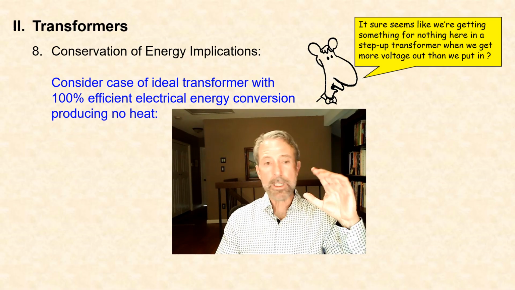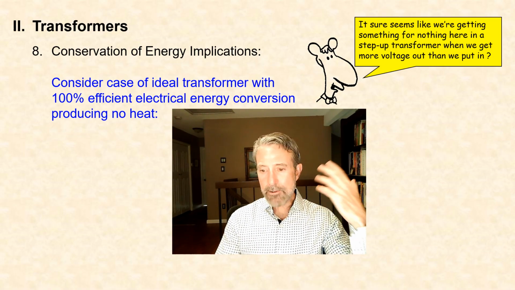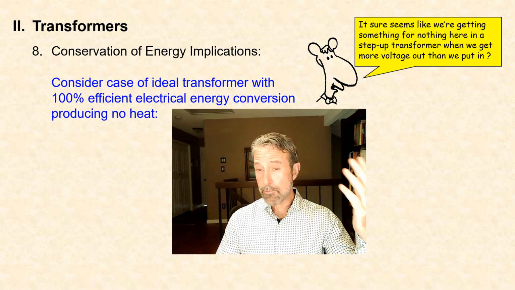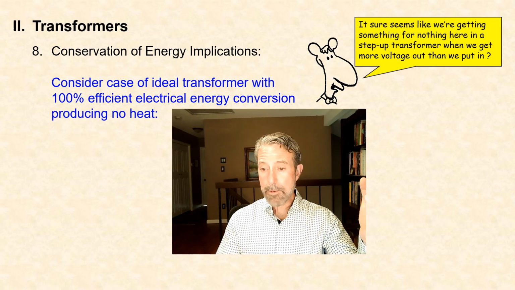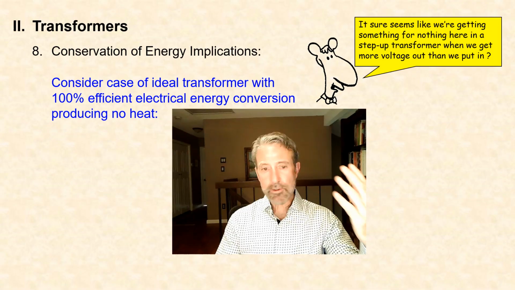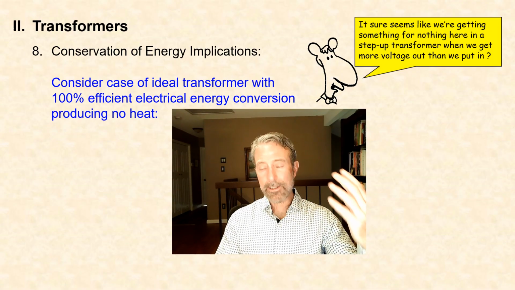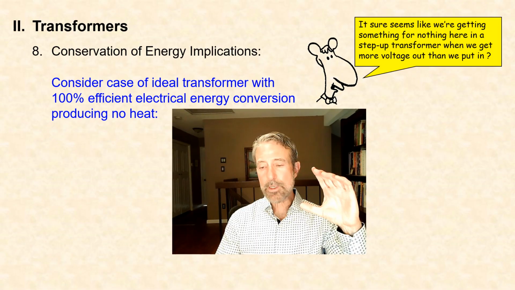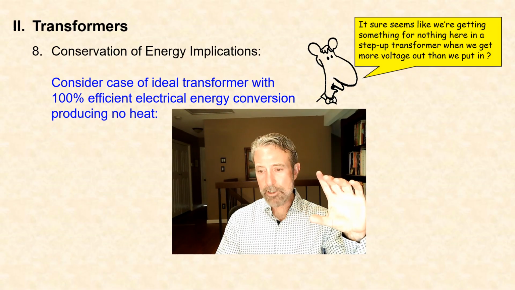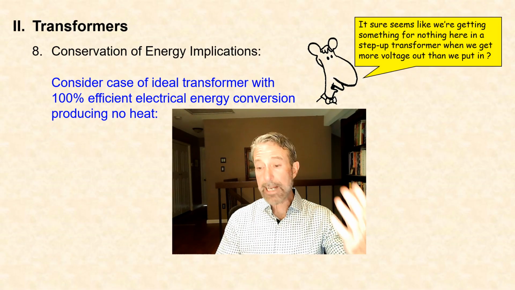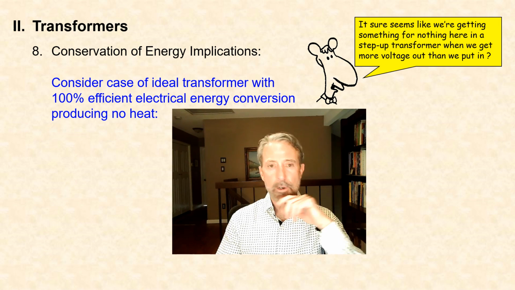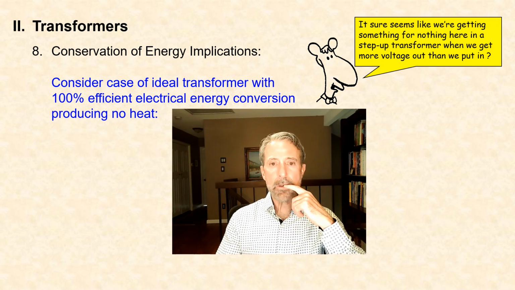So in other words, the energy that is input in the form of the AC current at the primary coil, all of that electrical energy, or I should say none of that electrical energy is converted into thermal energy, and creating that induced EMF in the secondary coil.